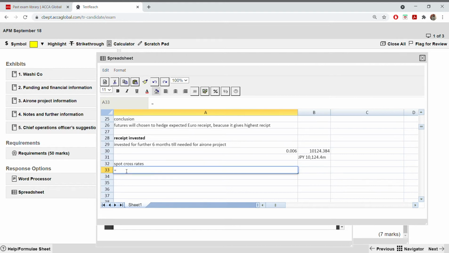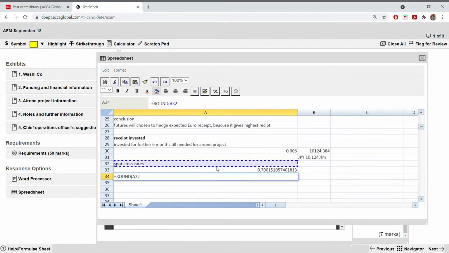Equal to 92.7 divided by 132.4. You are getting 0.7. Round this to 1 decimal place.